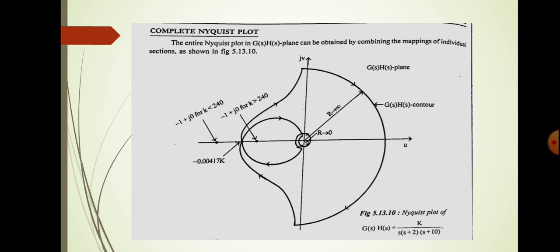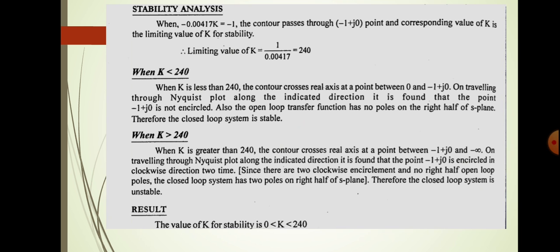So we go for the Nyquist stability criterion. In the case of clockwise encirclement, you know that the system will be unstable. When k is greater than 240, the contour crosses the real axis at a point between minus 1 plus 0j and minus infinity, and on traveling through the Nyquist plot along the indicated direction, the point is encircled in the clockwise direction 2 times.